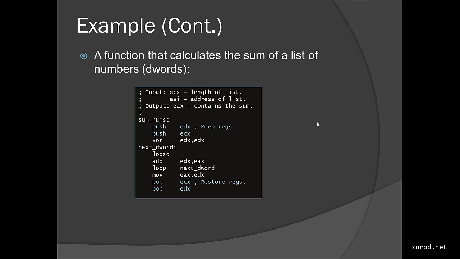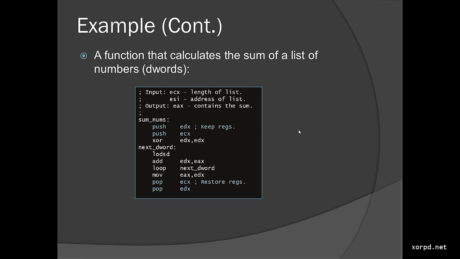We want to use this code as a function. So we add those pushes in the beginning and pops in the end to make sure that we don't change the EDX and ECX registers. In this example, we do want to change EAX because this is how we deliver the output. But we don't want to change any other registers.